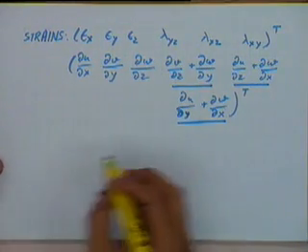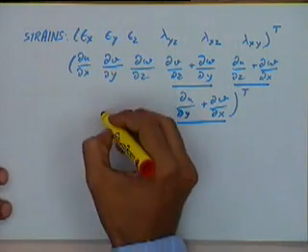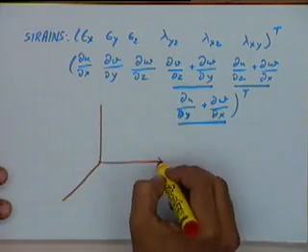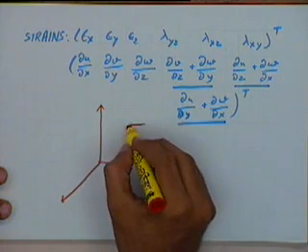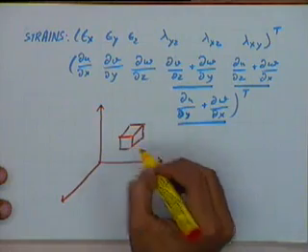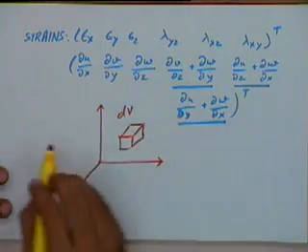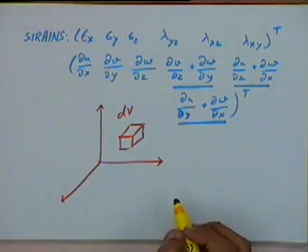Then if we consider a small elemental volume dV and write down the equation of equilibrium, we will get a set of 3 equations.